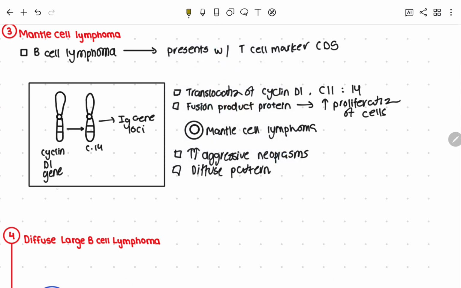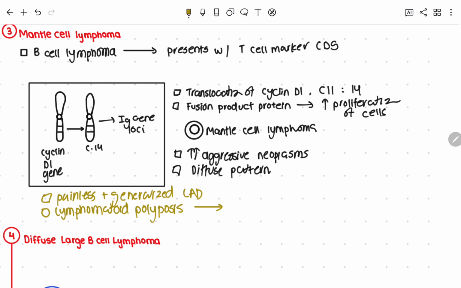Other presentations include painless and generalized lymphadenopathy. And another important presentation is that of lymphomatoid polyposis.